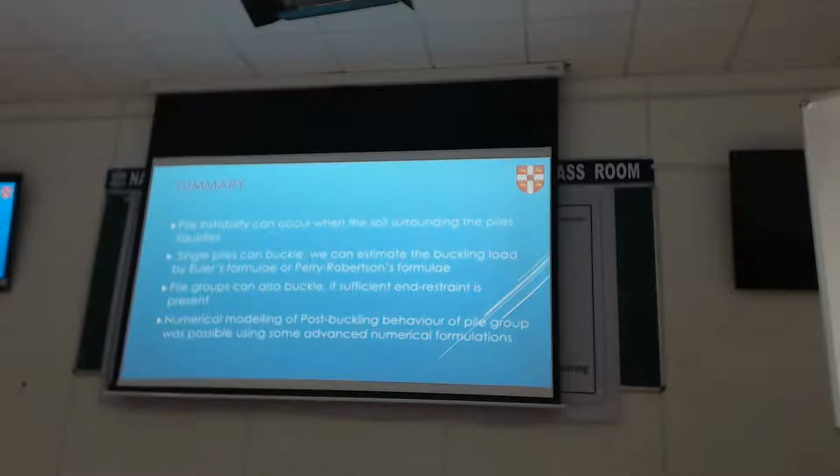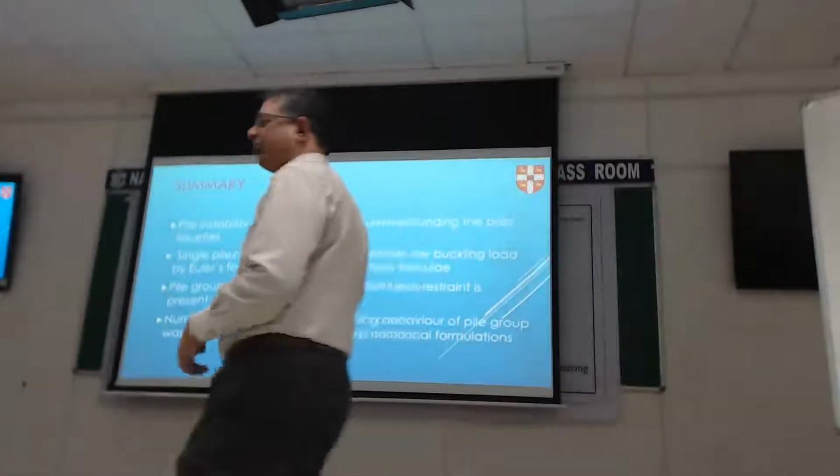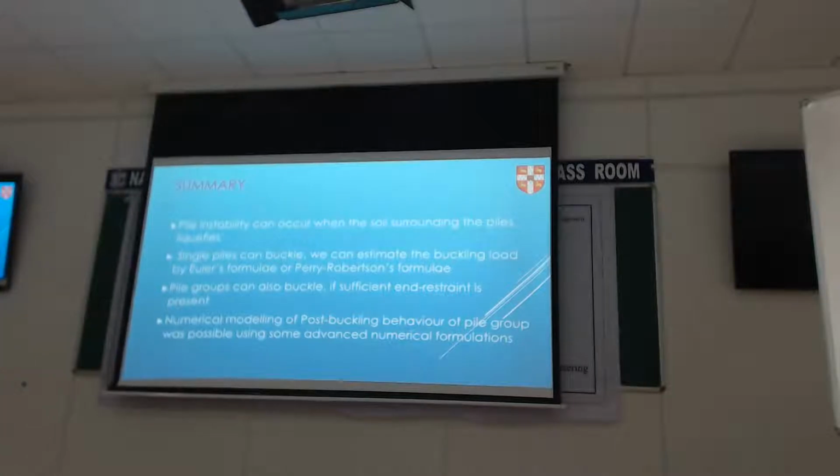So, we come to the summary of this. What have we learned? Pile instability can occur when the soil surrounding the piles liquefies. Absolutely straightforward. Also, it's fairly straightforward to make a quick check, and this is what we recommend practicing engineers do. It takes you about half an hour to do a simple Euler type calculation or even a Perry-Robertson calculation.